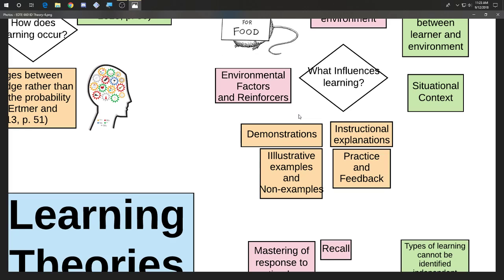The students get to actually see the process of completion of a task modeled before them, so that they can internalize it and see it laid out, step 1, step 2, step 3, so that they can start relaying that into their own memory and begin their own mental process of, how do I do something? Okay, I understand I have to do step 1 followed by step 2 followed by step 3.